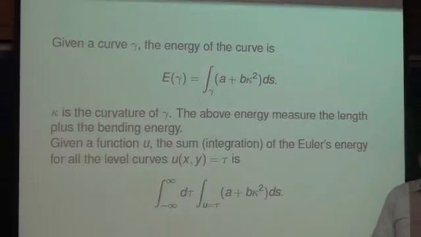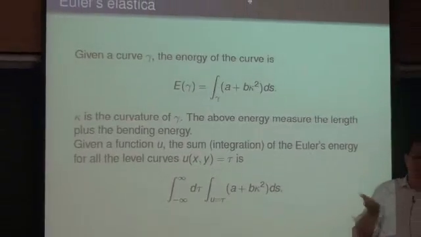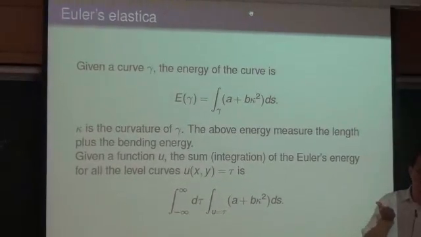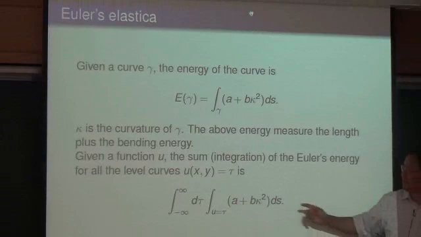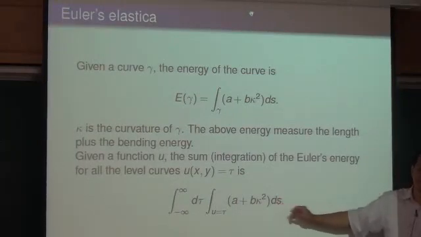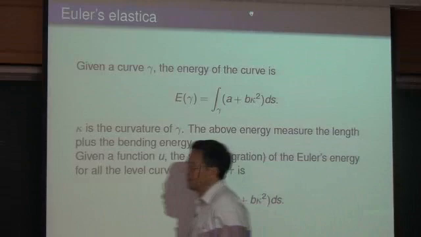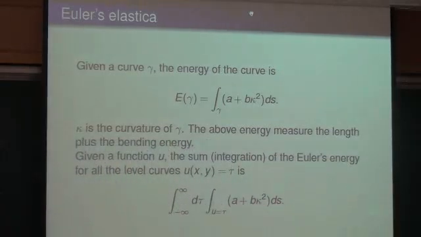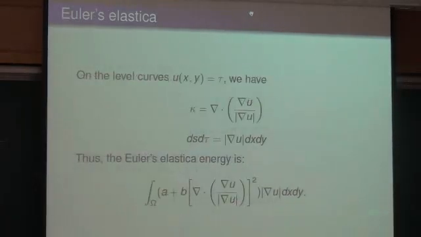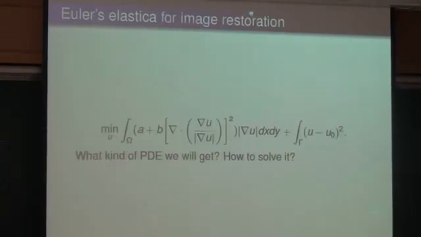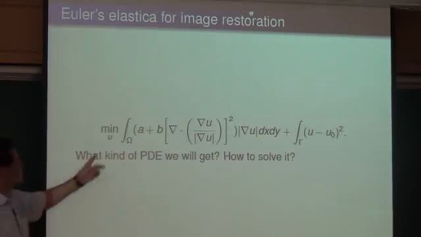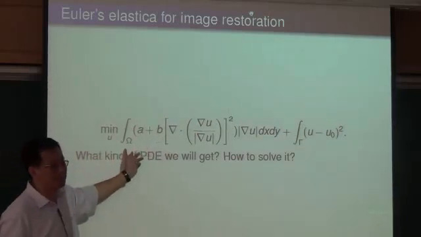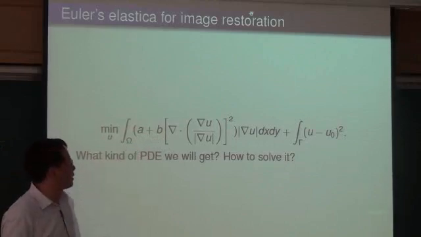So therefore, minimizing the TV is essentially minimizing the total length of all the level curves. Instead of just minimizing the total length, you can minimize the total elasticity of all the level curves. So instead of using TV as a regularization term, you can use the total elasticity, that is, you minimize the total elasticity.